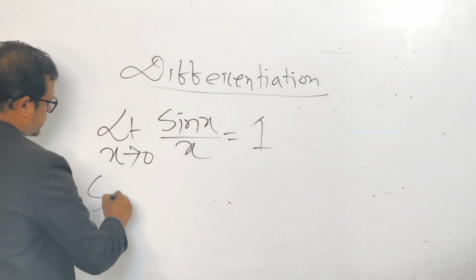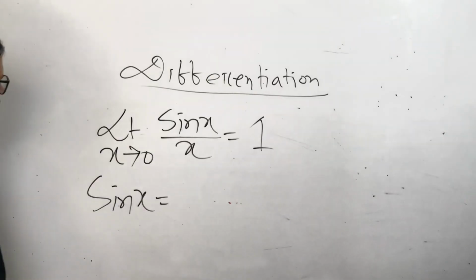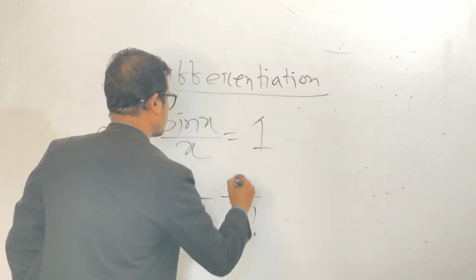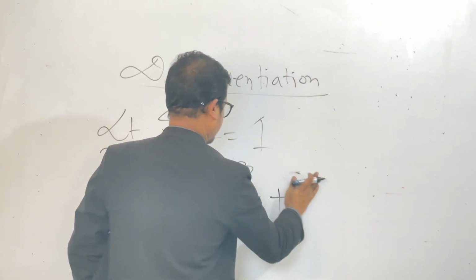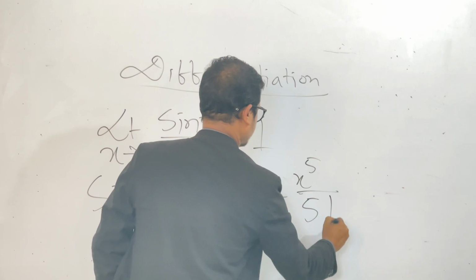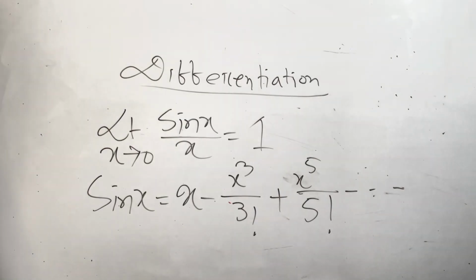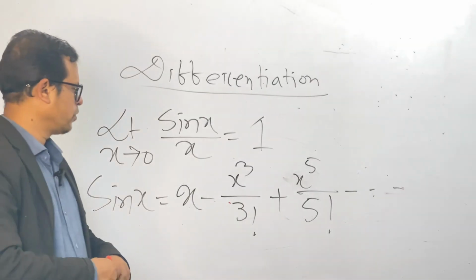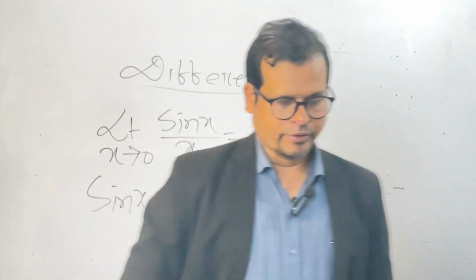Sin x equals, what is the series I said? x minus x cubed over 3 factorial, plus x to the power 5 over 5 factorial, minus and so on.